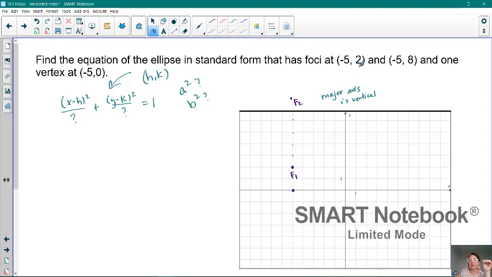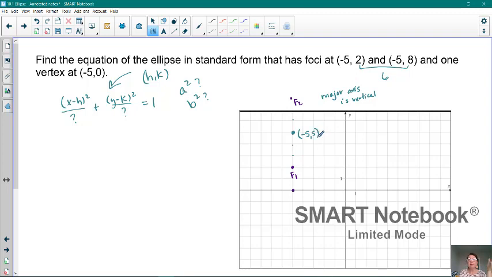It's kind of hard to tell, but I can look from 2 to 8 and see that that's a distance of 6. The center then should be how far in between them? 3 steps. 1, 2, 3. I have identified the center of my ellipse to be -5, 5.